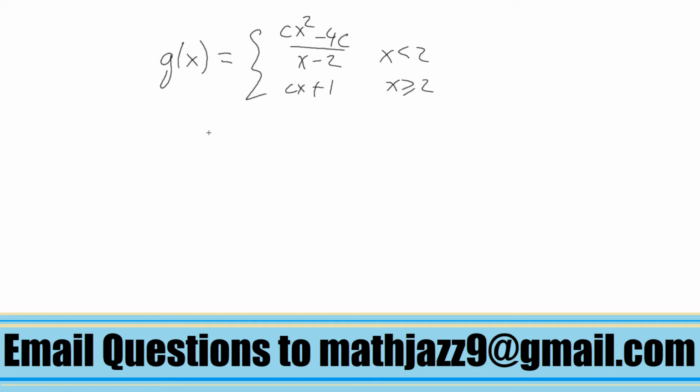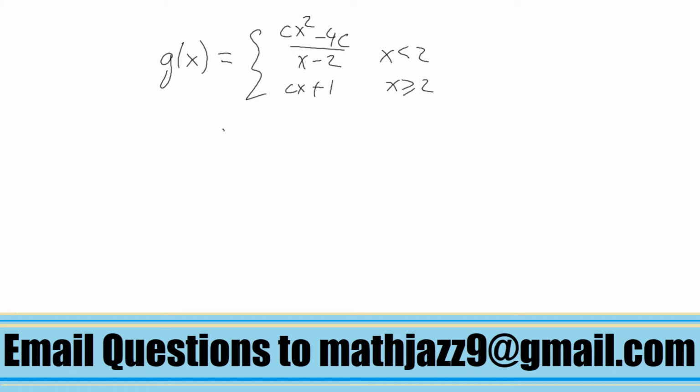So we get c times 2 squared, so that we get 4c minus 4c over, oh, that's unique. Okay, so we're going to need to factor the top, actually, before we do anything.